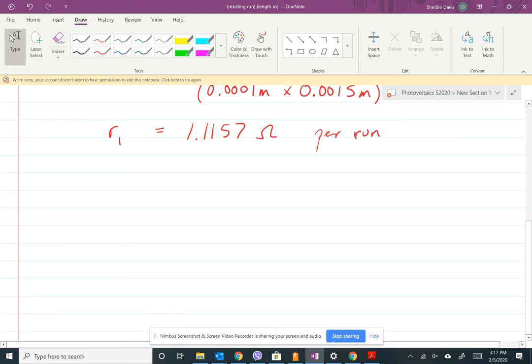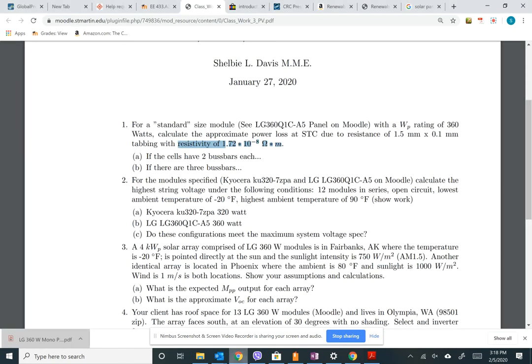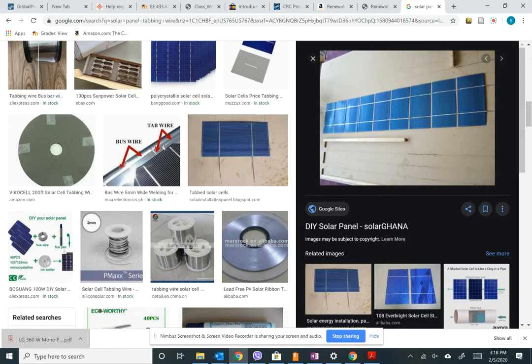And then R2, so 2 runs. So when I say 2 runs, I mean, if I go back here, this would be a string of cells that has 2 runs. Okay, the blown up picture that has 2 runs. So those are wires that are in parallel to each other.